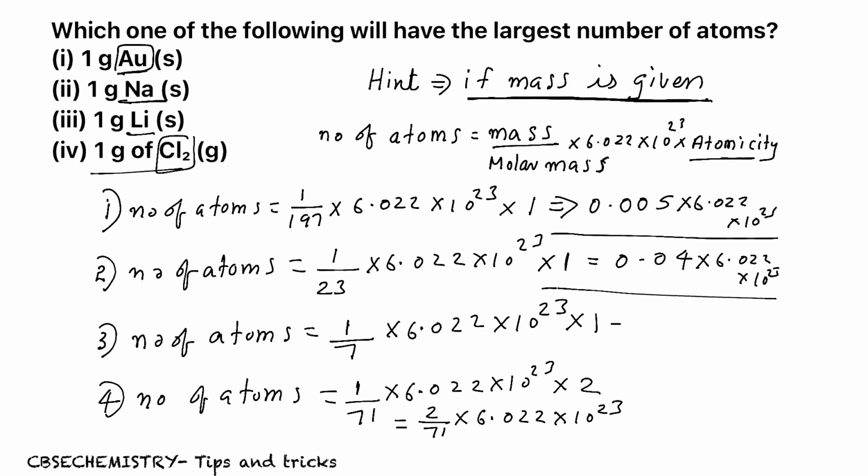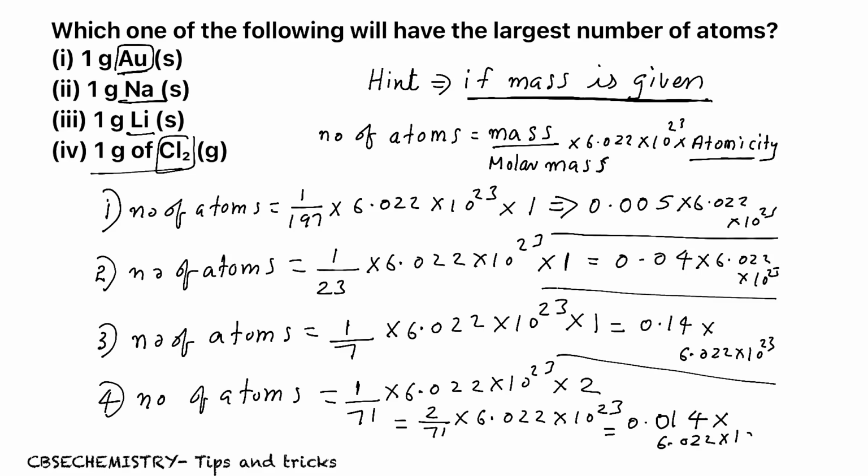Third one, we will get 0.14 into 6.022 into 10 raised to 23. And the last one, 0.014 into 6.022 into 10 raised to 23.